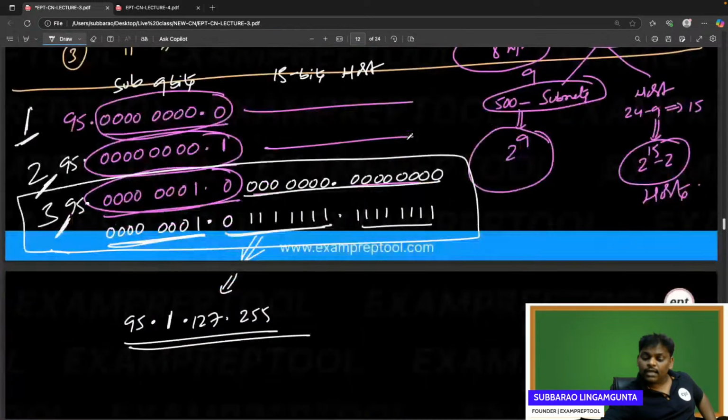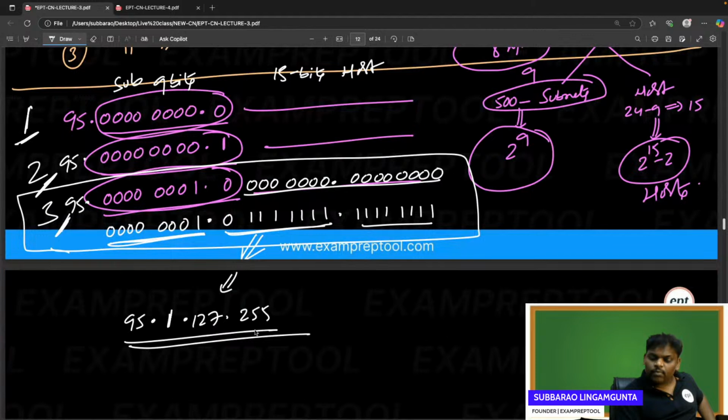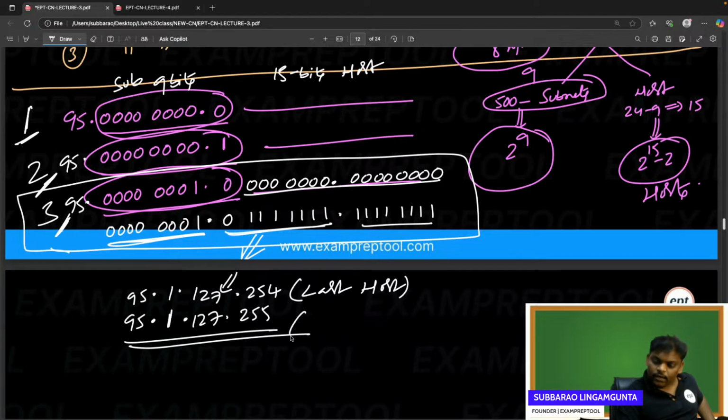If you want the last host, it is 95.1.127.254. It is the DBA. It is the third subnet.